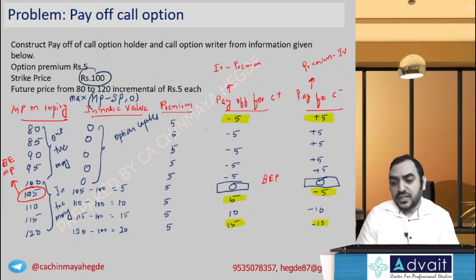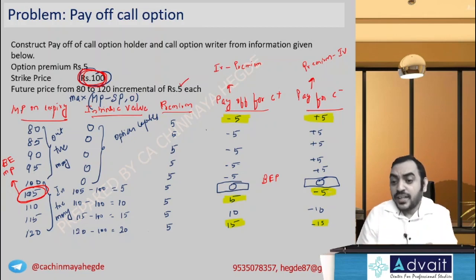Now let us look at the formula. How exactly was 105 arrived at? Are you able to think? 100 rupees was the strike price, right? And then we had a premium paid of 5 rupees. Now as I told you, in a call option, thinking from the holder's point of view, the strike price will be the buy price.